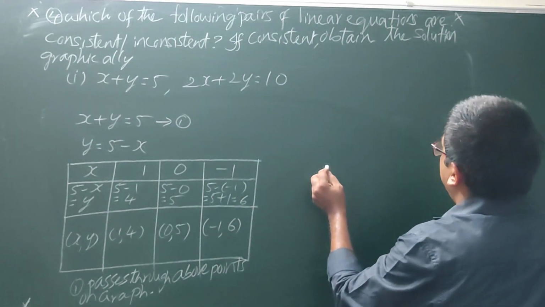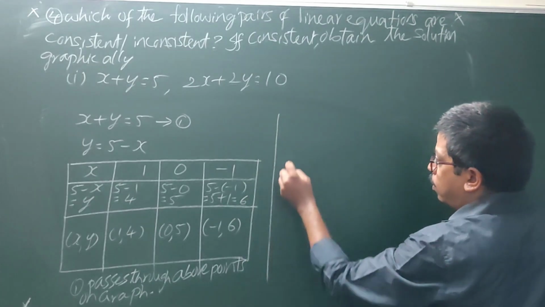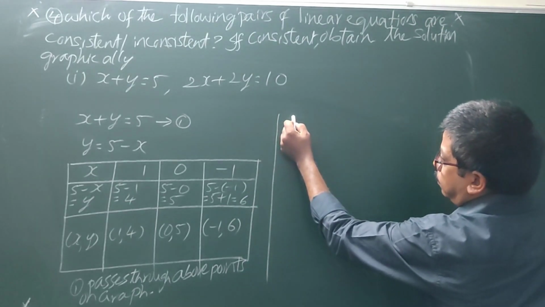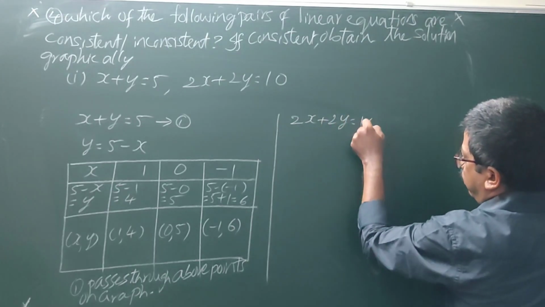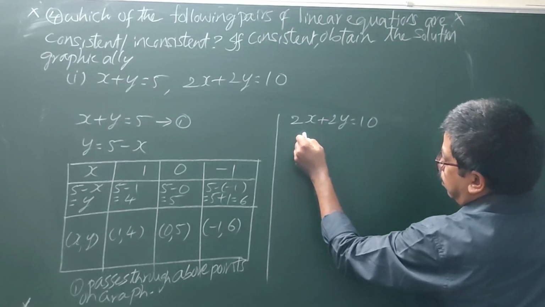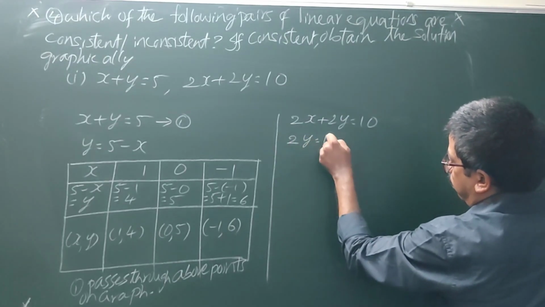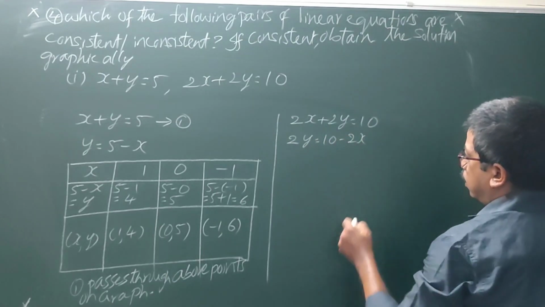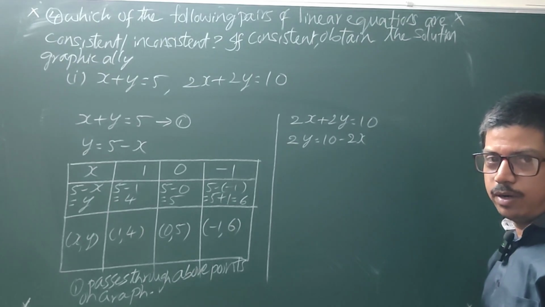Next, let me take the second one. 2x plus 2y equal to 10 means 2y equal to 10 minus 2x, or we can take out the common factor and write again the same points, no issue.